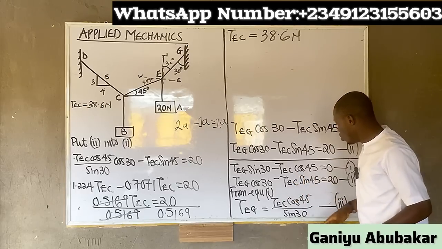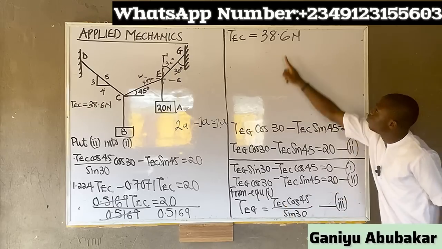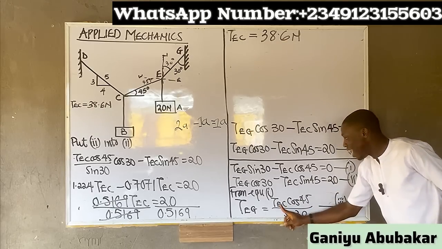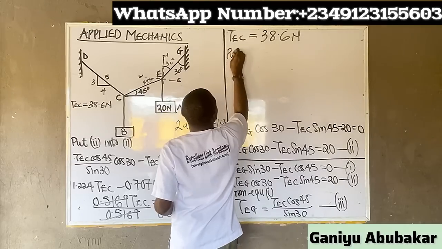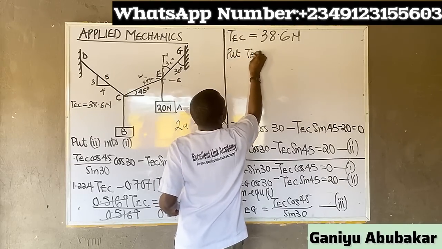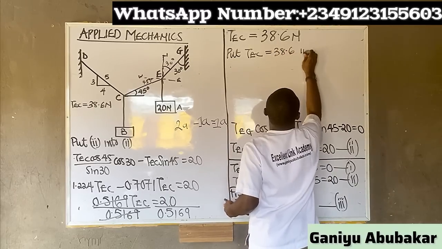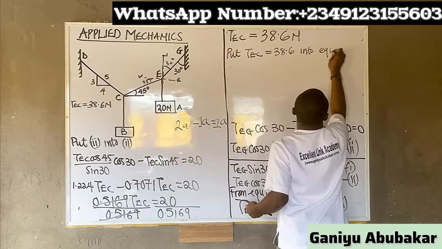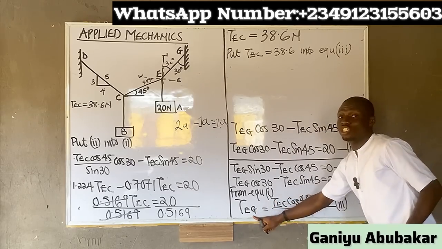Alright, if I've gotten TEC as this value, I can get TEG. How? Go back to equation 3. TEC is now known. If I put this value here, I can get TEG. So I'm saying put TEC, this value 38.6, into equation 3 to get TEG.